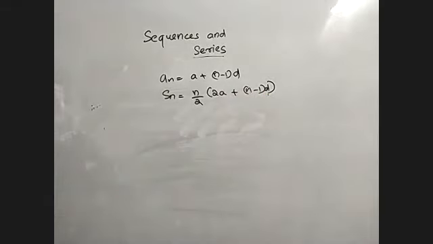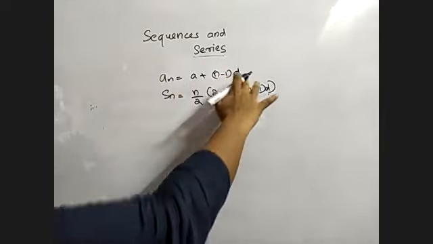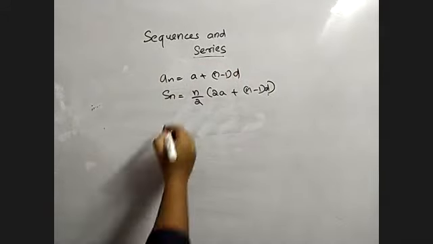Clear? And what is a here? a is the first term, n is the number of terms, and d is the common difference.